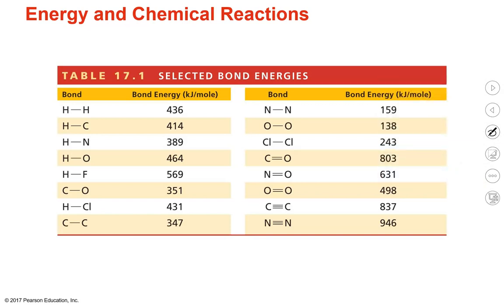Now, there's more than one example of nitrogen bonded to nitrogen. The one with the triple bond. These aren't molecules, so we are just looking at the bonds. So that's the strongest bond. What about the weakest bond? Oxygen.